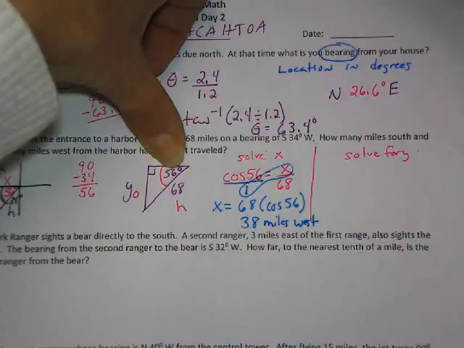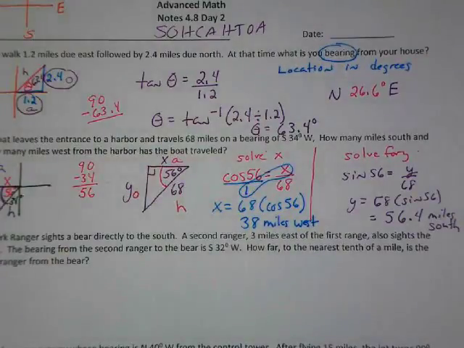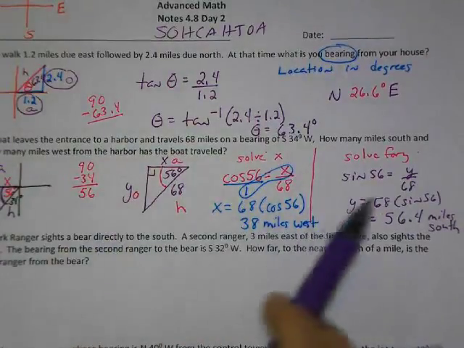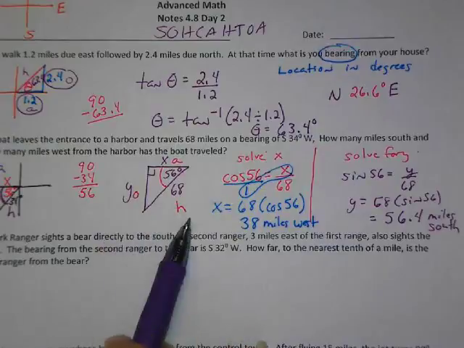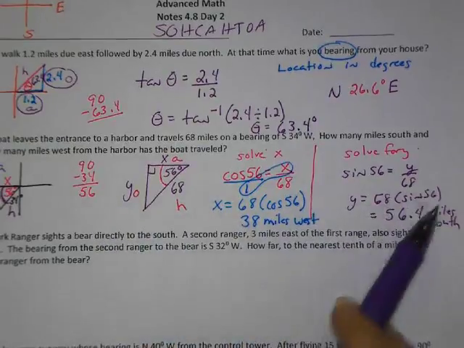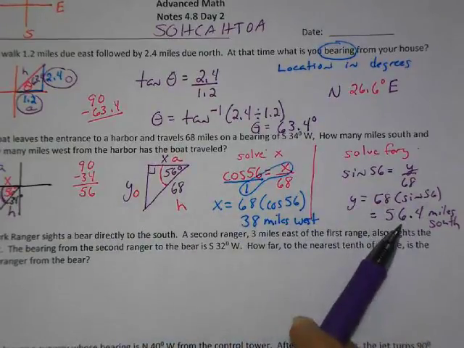Alright, I'm getting ready to expose the answer, so if you have not finished, you're going to want to pause me for just a minute. Okay? Here we go. So to find Y, I knew it was the sine function because I had an O and an H. And then I multiplied, just did my proportion, and I got 56.4 miles south.